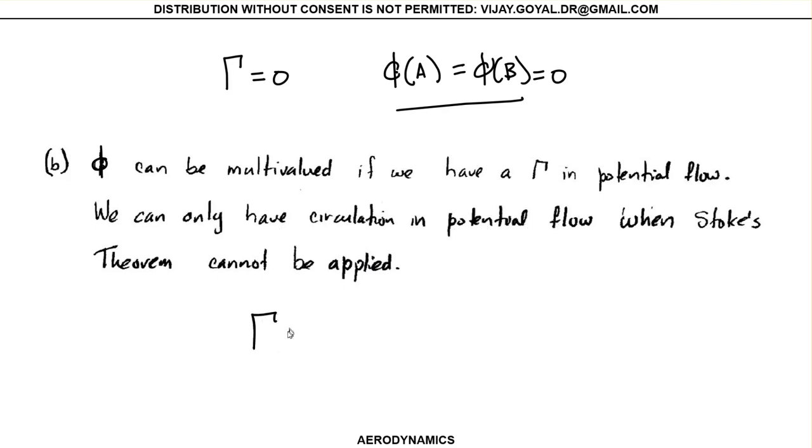However, if this is different from zero, then what this really means is that you have a potential flow, but the Stokes theorem cannot be applied. Okay, you remember your Stokes theorem? Just as a review, it was equal to the double integral over the surface.